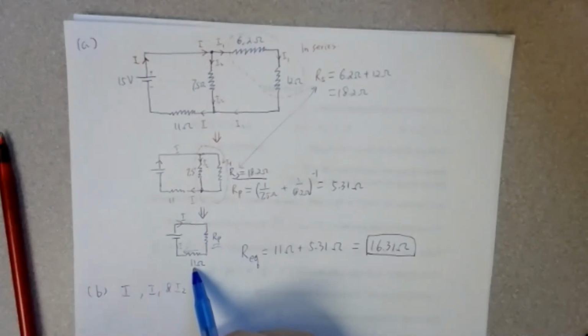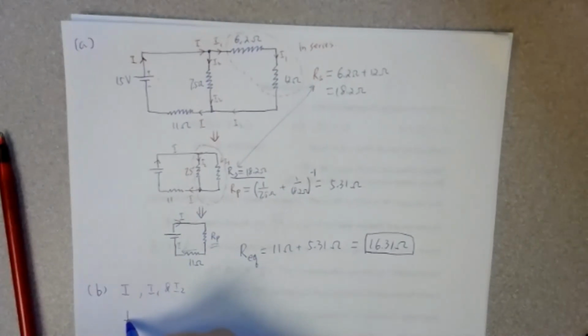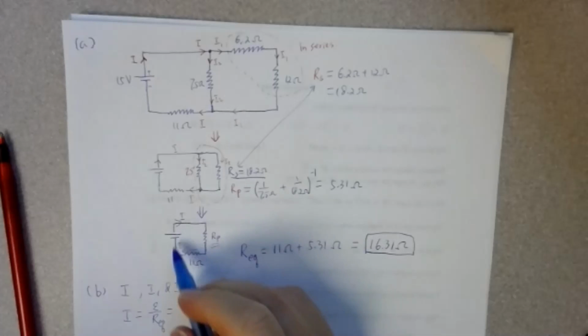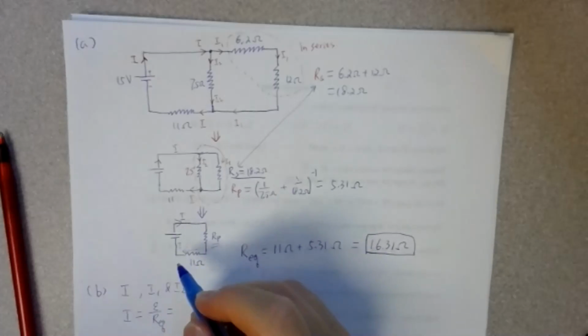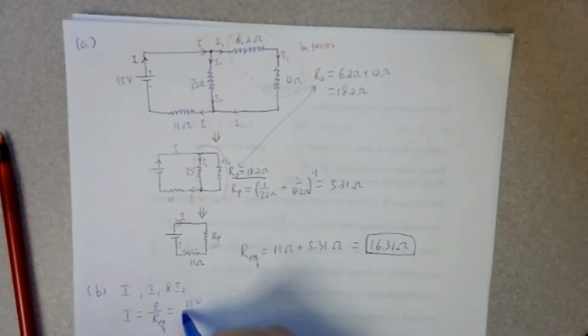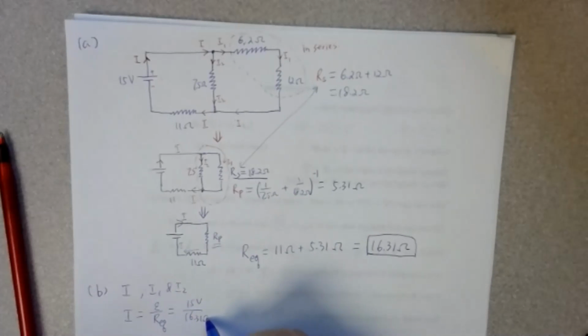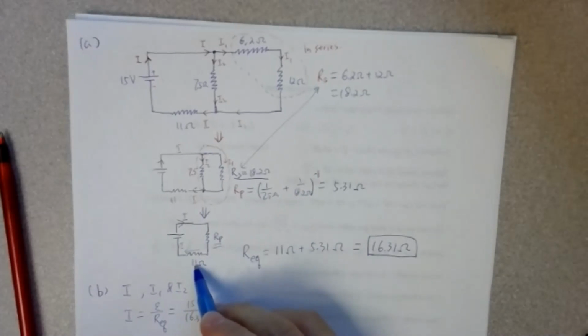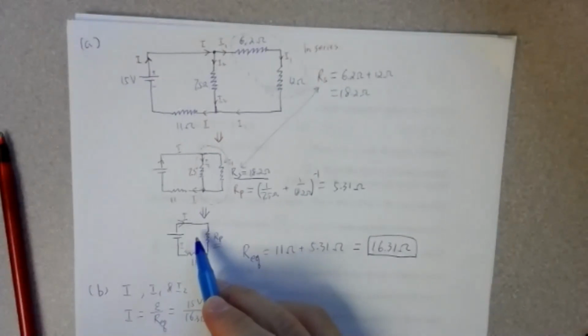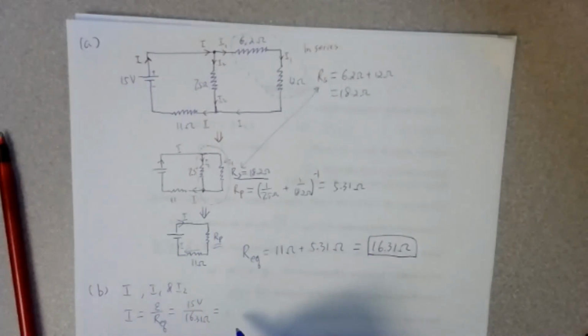So I overall should be equal to the voltage supplied by the battery divided by Req, the equivalent of the whole circuit. So that gives you 15 volts divided by 16.31 ohms. That would be your I, because it's the I going through this guy, it's the I for the whole circuit. That should be the current going through the 11 ohms.